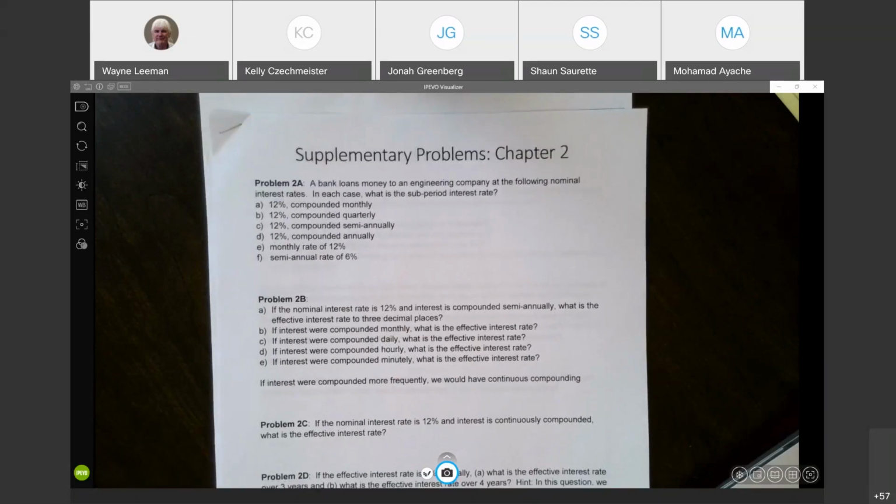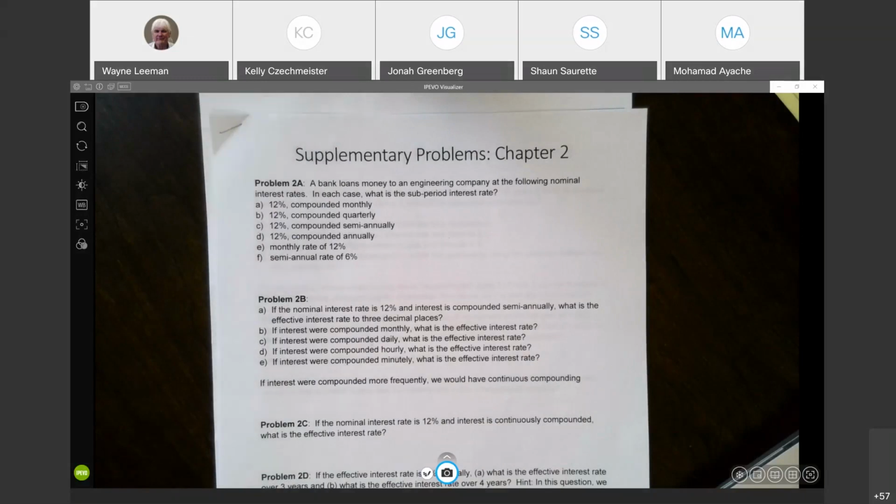So what I'm going to do here is work our way through this one as a bit of further insight. So problem 2A says a bank loans money to an engineering company at the following nominal interest rates. These are nominal. And with one exception, which I'll point out soon, we do not work, nor does anyone else work, with nominal interest rates. In each case, what is the sub-period interest rate?